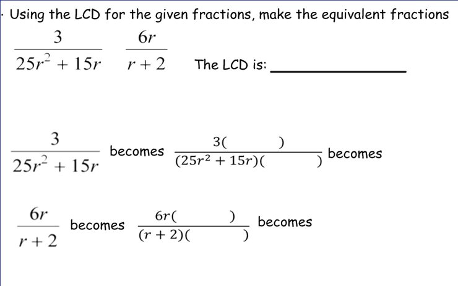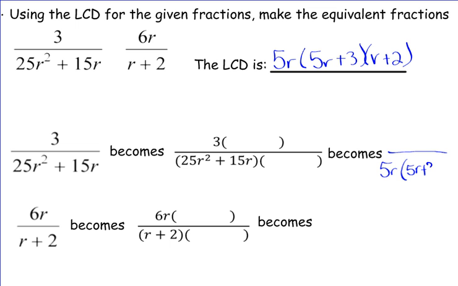All right, using the least common denominator for the given fractions, make the equivalent fractions. Now I'm going to help you out, guys. I'm not going to factor these denominators. I'm just going to write the least common denominator, because that is something we've already taught in the previous lesson. If you need help, you can go back and look at it. So what do I need to multiply both sides of my fraction by in order to get my equivalent fractions?